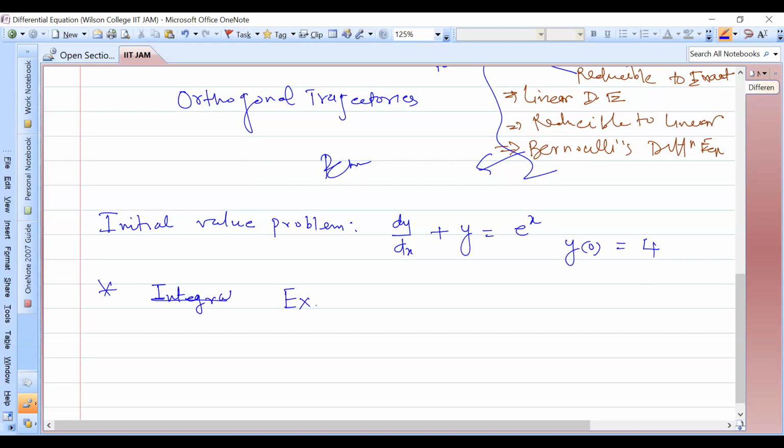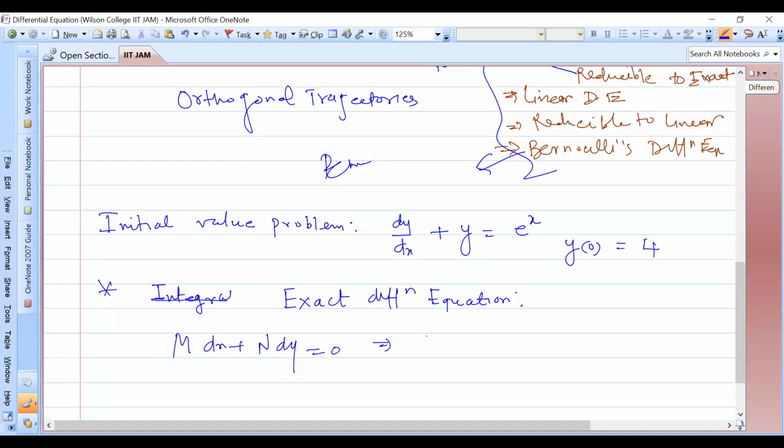What is exact? Say I am starting with the exact differential equation. What is an exact differential equation? An equation of type M dx plus N dy equals 0.